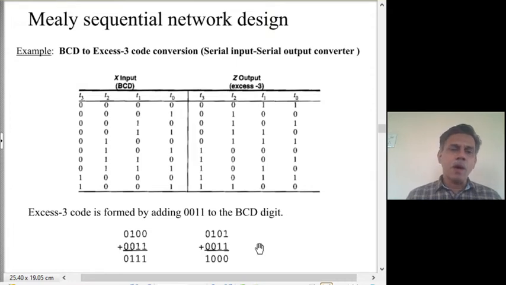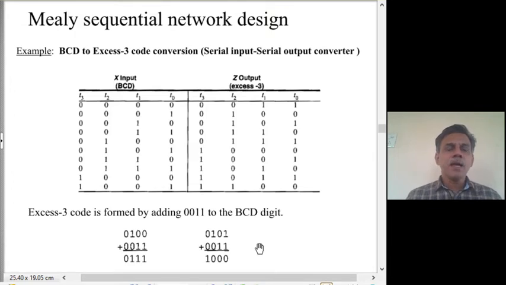Well, now the problem is to convert from BCD to XS3. For that we need a digital circuit. We are going to use the Mealy finite state machine model to design this circuit.